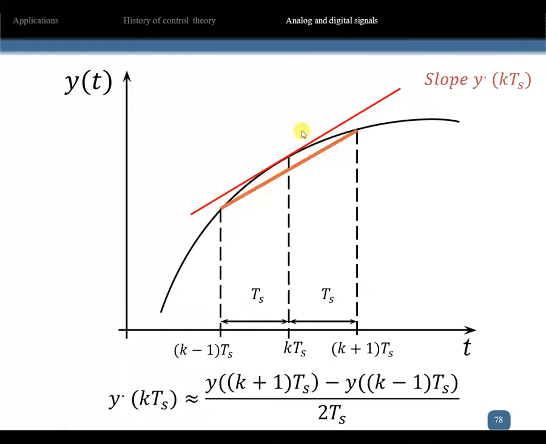Or you can find this slope. This has an error as before, but the error of the trapezoid, or central, method is less compared to the backward and the forward. This one becomes y((k plus 1)Ts) minus y((k minus 1)Ts), divided by 2Ts.